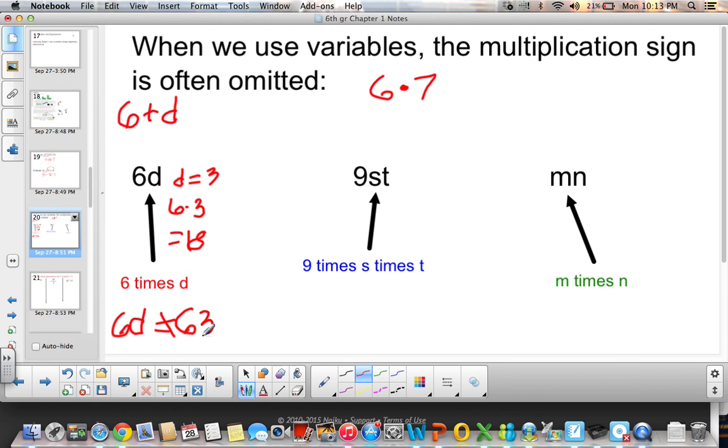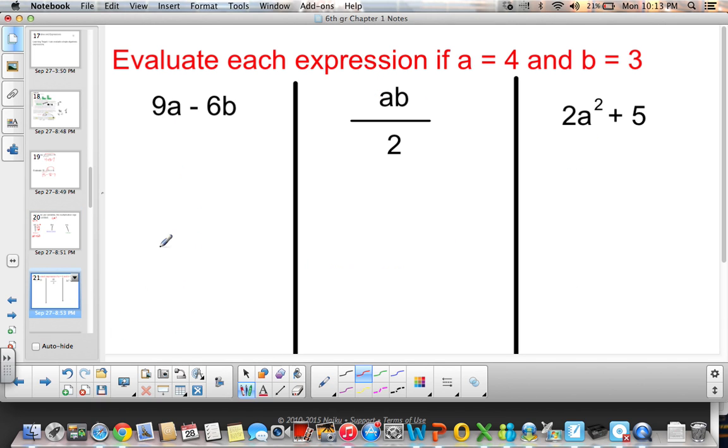You don't just put in the number. It means multiplication. So 9st would mean 9 times s times t. mn would be m times n. Okay, I want you to pause me and do these 3 problems in your notebook and then unpause and check.